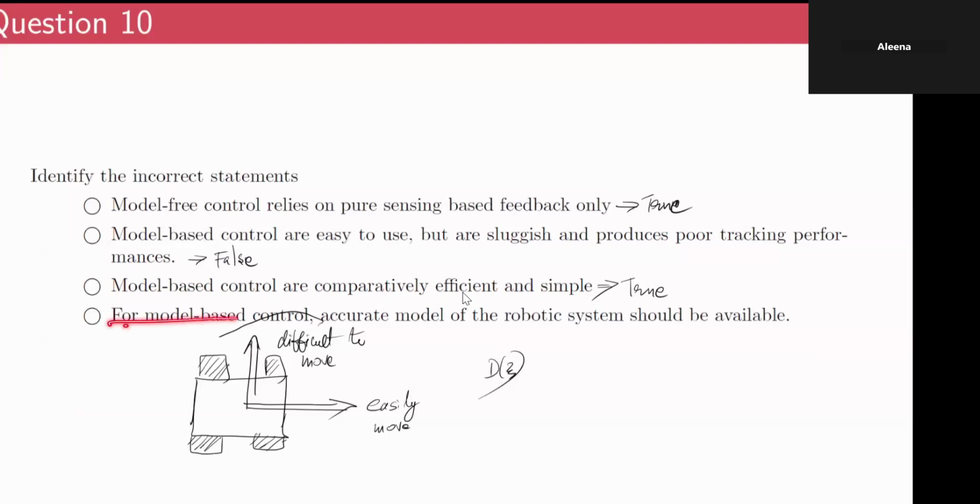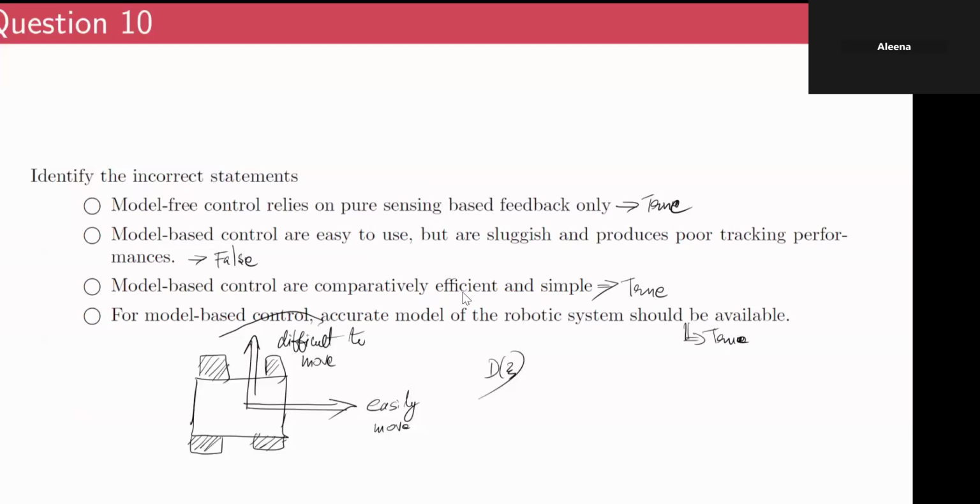In order for a model-based control law to work, not relying on any feedback but purely on mathematical models, accurate models of the robot system should be available. That is true, right? Because if your control input is based on a mathematical model, that model will have to be as accurate as possible with respect to the real physical system. So that statement is also true.